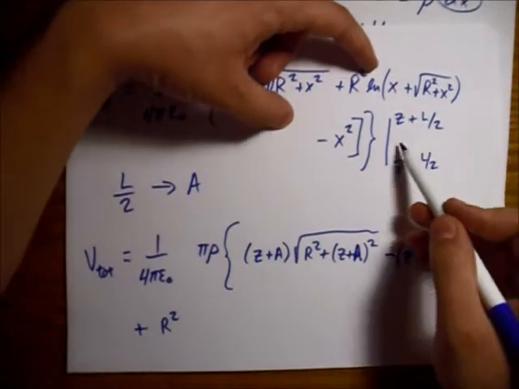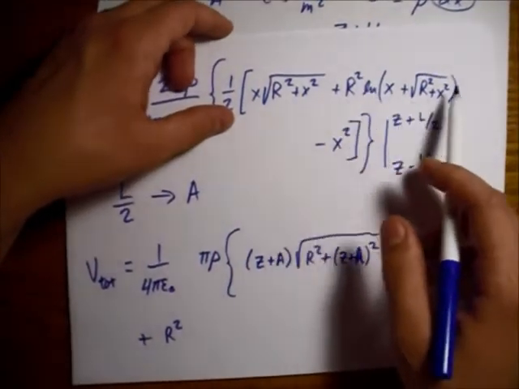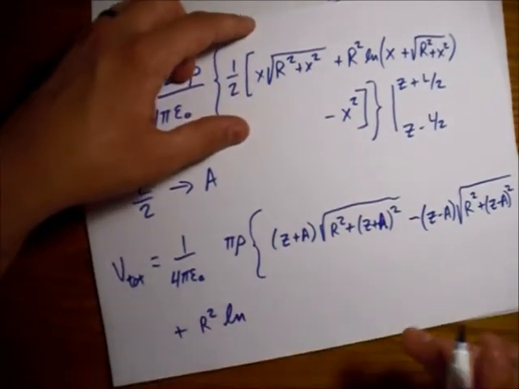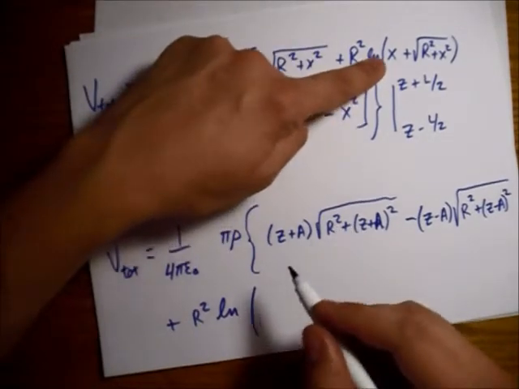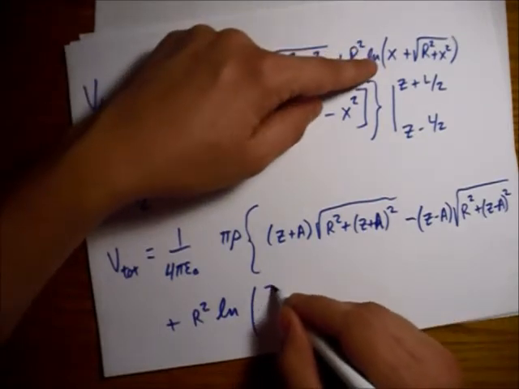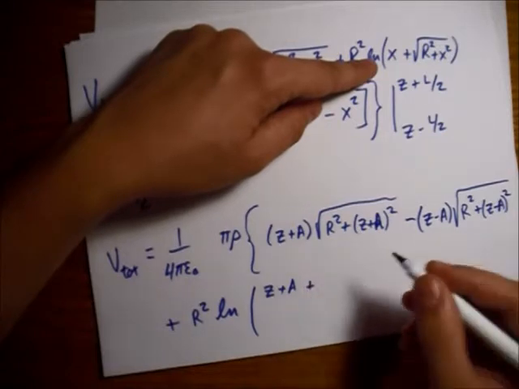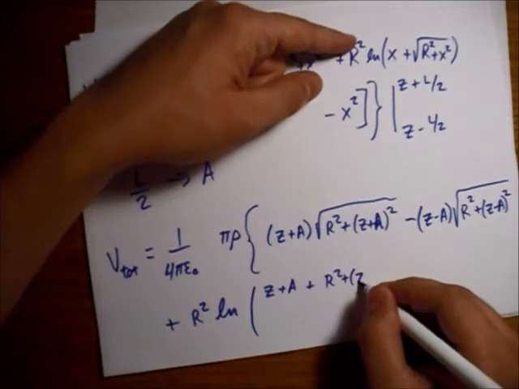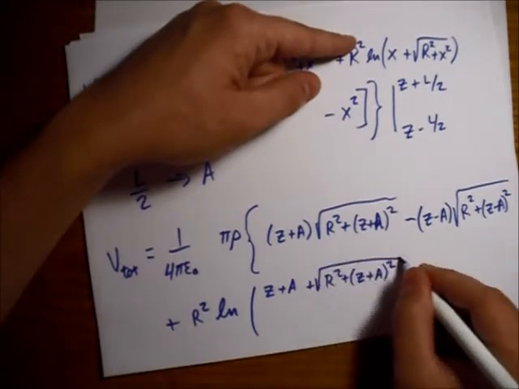Let's write these two limits of integration. We'll use the natural logarithm to just make it a fraction. That will save us some horizontal space down here. So up on top, we've got z plus a plus this r squared plus z plus a squared under a square root.